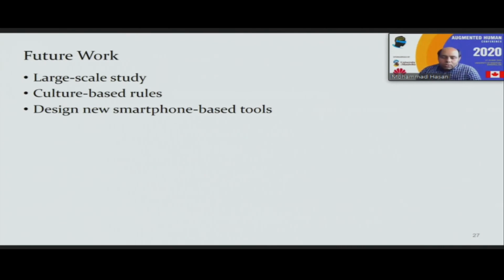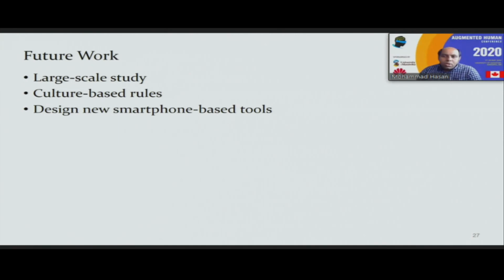Okay, this is just giving an idea of where we can go from here. So one idea is, we did the study as a crowdsourced study. Another idea might be to conduct a large scale in-lab study, or a one-to-one interview to get more information.